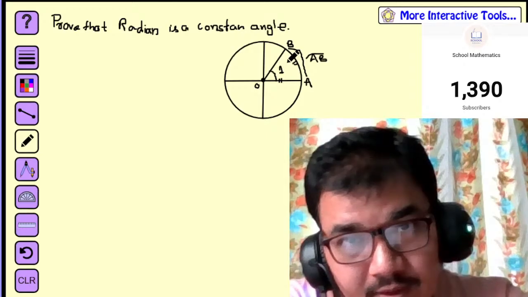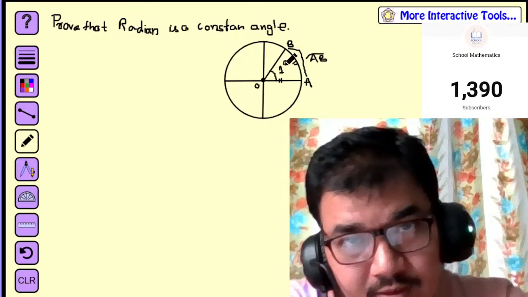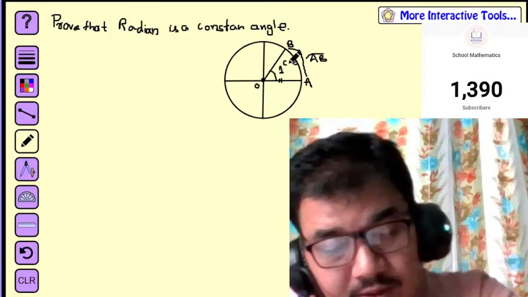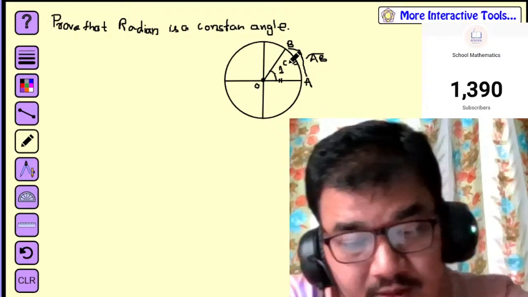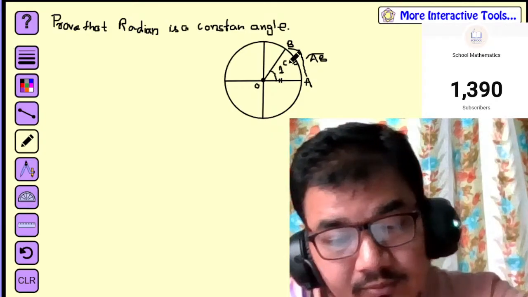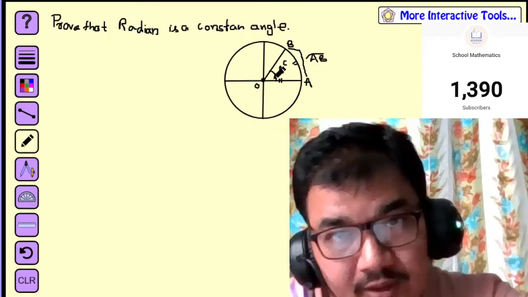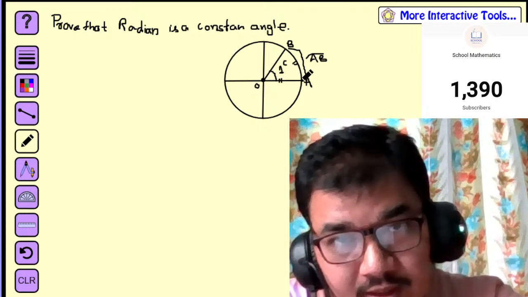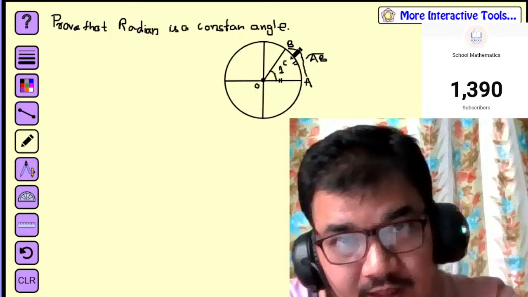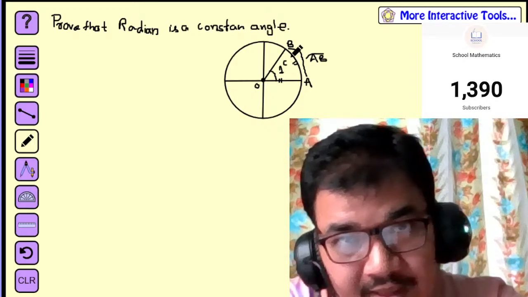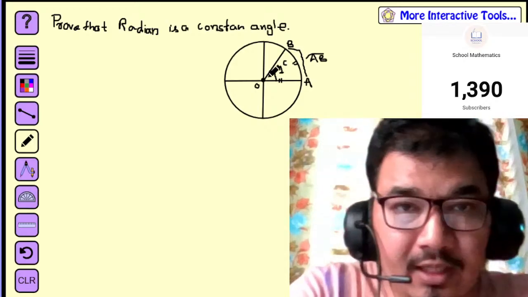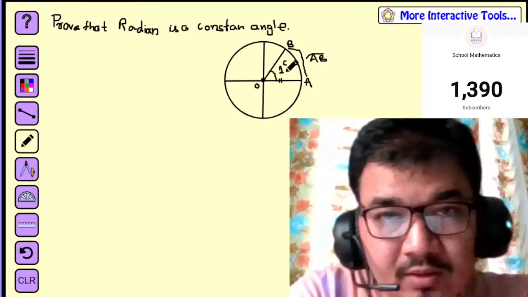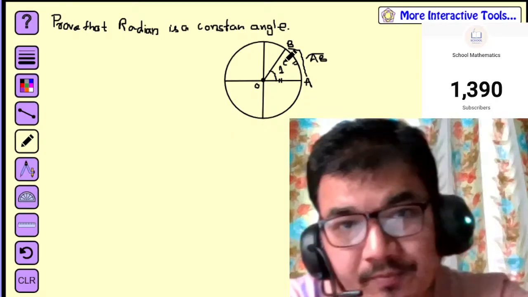This is the definition of radian also: when the radius of the circle and the arc length AB are equal, the angle made at the center of the circle is known as 1 radian.